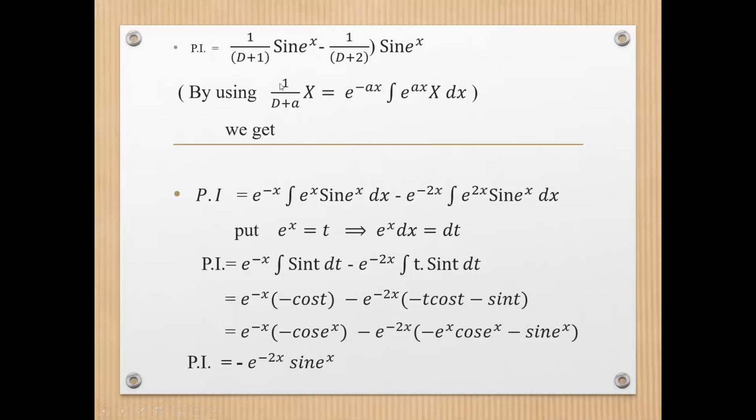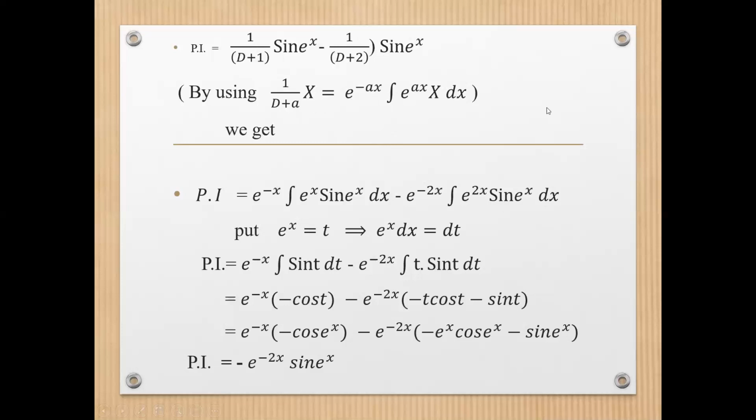Here a is nothing but 1. This is for the first term. Now similarly for the second term, we have to use this formula. Here a is nothing but 2. So 1 upon D plus 2 sin e raised to x can be written as e raised to minus 2x, because a is 2, integration e raised to 2x sin e raised to x dx.